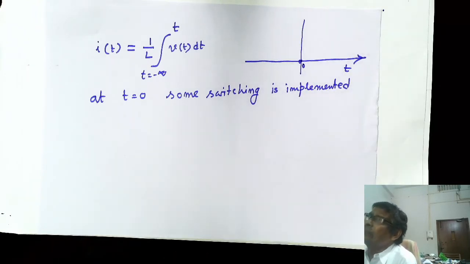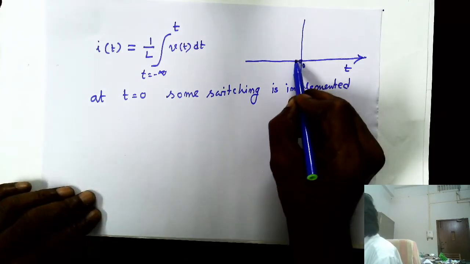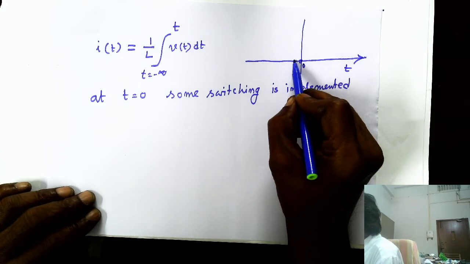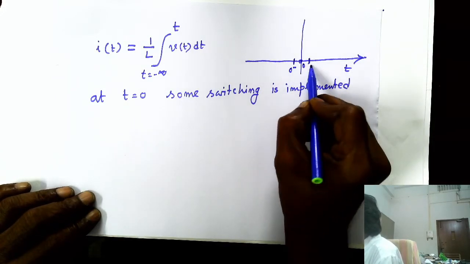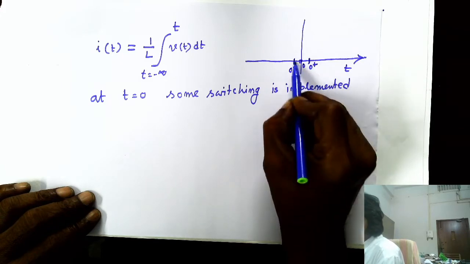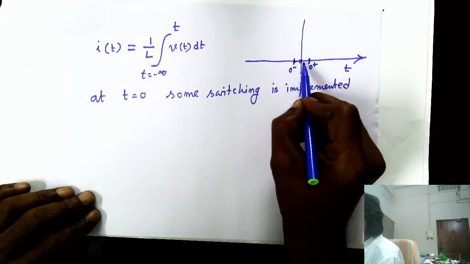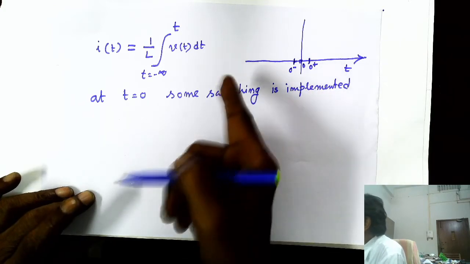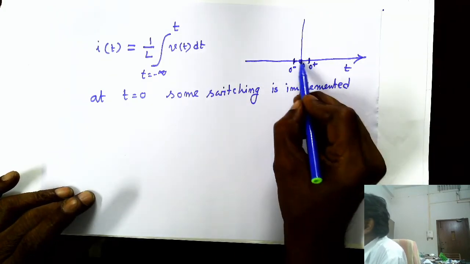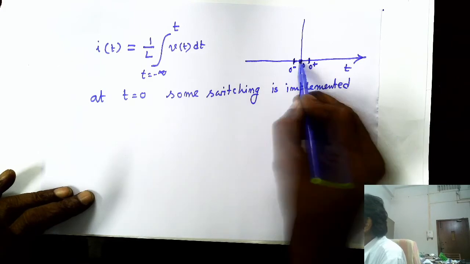The inductor might have been connected to some other circuit. And remember, I am drawing bigger, but this 0 minus and 0 plus: 0 minus is almost bumping onto 0, but really not superimposing on 0. Similarly 0 plus is a slight deviation from 0 towards the positive time axis.